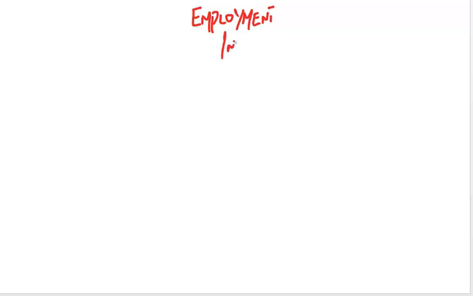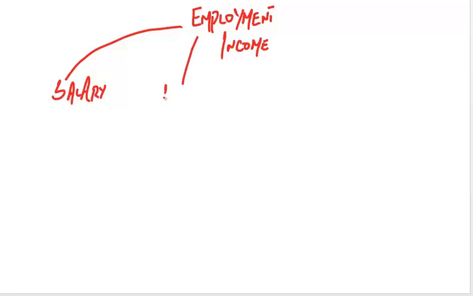Employment income. So what are the things that we have in employment income? We have salary, basic salary. What else? We have bonuses. Anything else? We have benefits, and this is the biggest part of employment income: benefits.